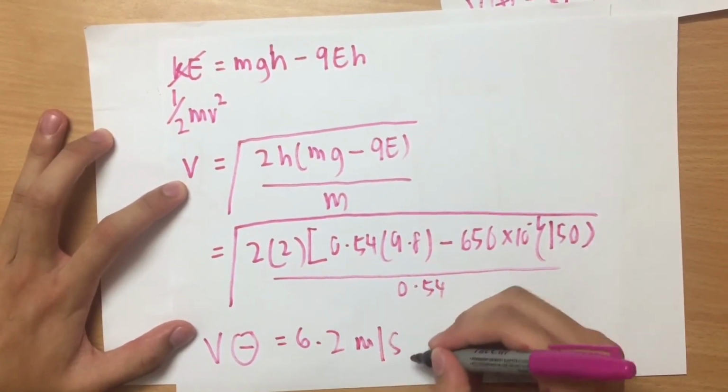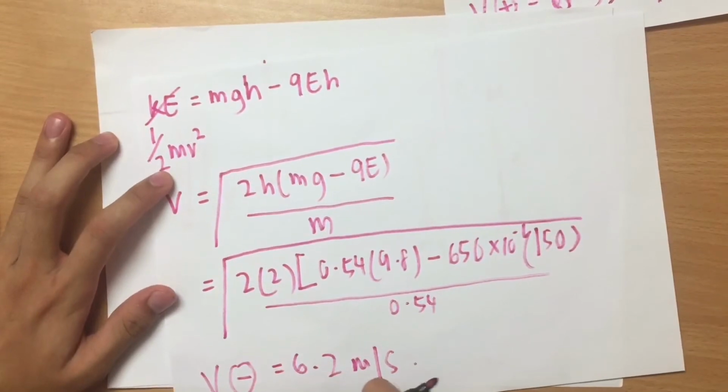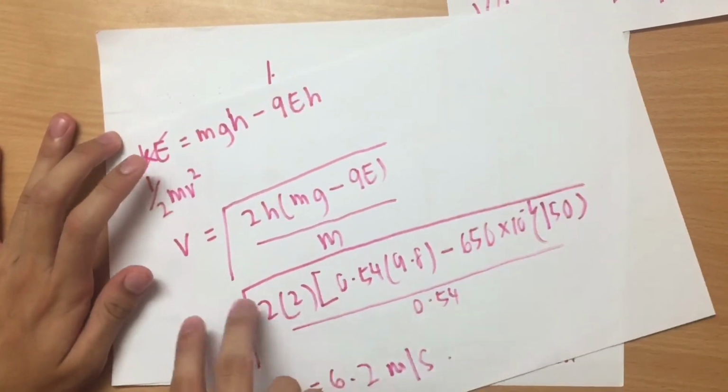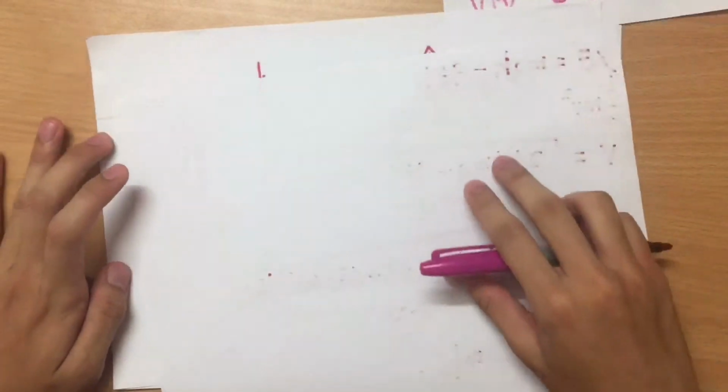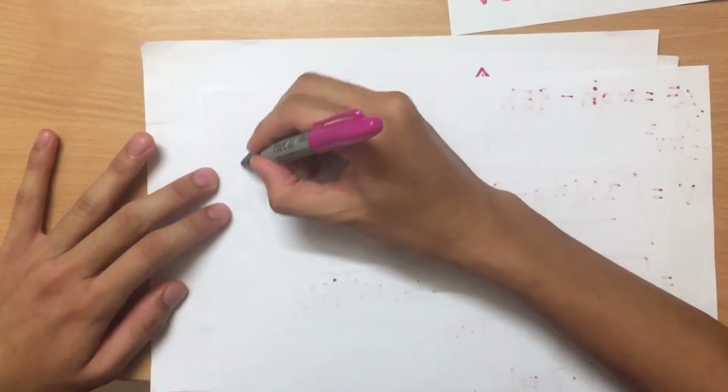meter per second. Okay, so the question asks us to find the difference in the speed of the two balls. So here we'll just use this equation.